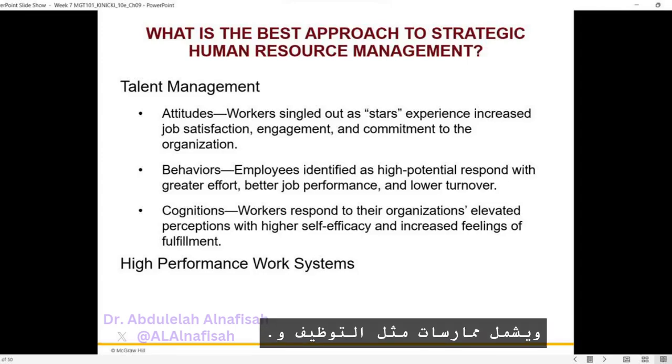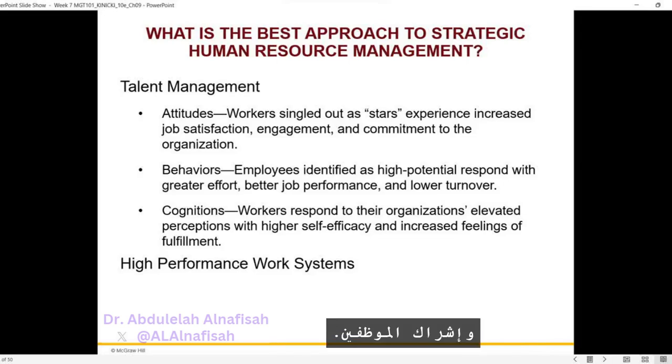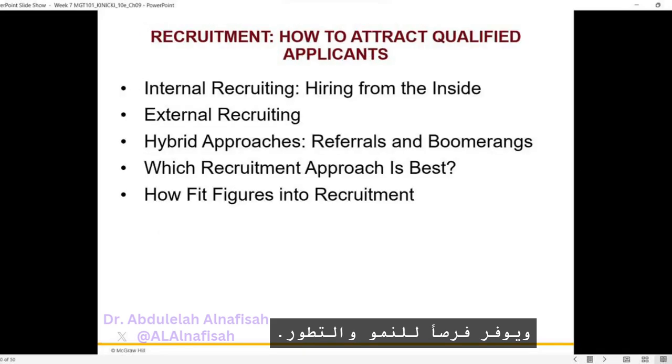It includes practices such as recruitment and selection, training and development, performance management, compensation, and employee involvement. By implementing these practices in a coordinated and aligned manner, organizations can create a work environment that enhances employee capabilities, motivates high performance, and provides opportunities for growth and development.